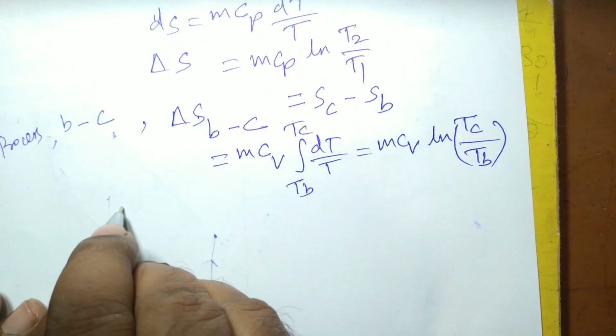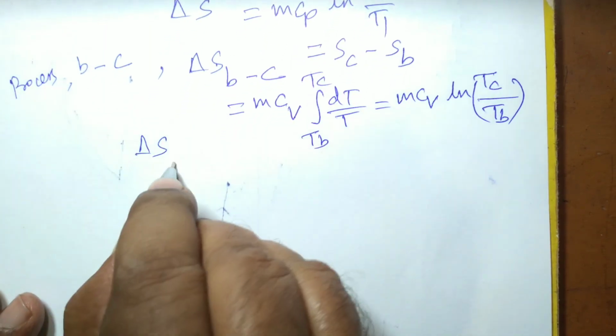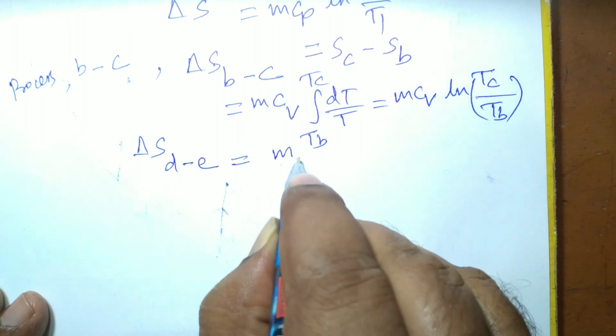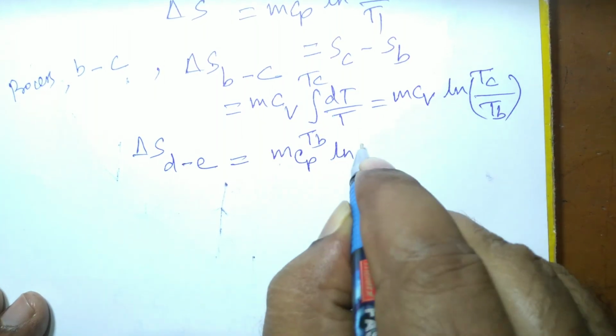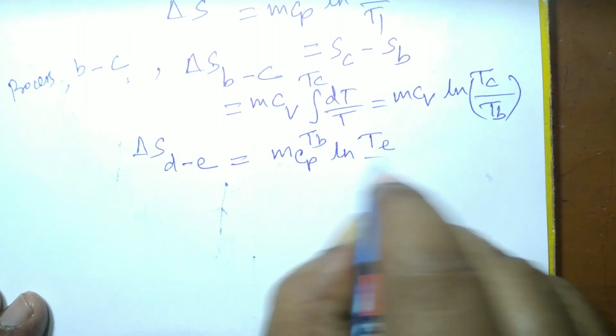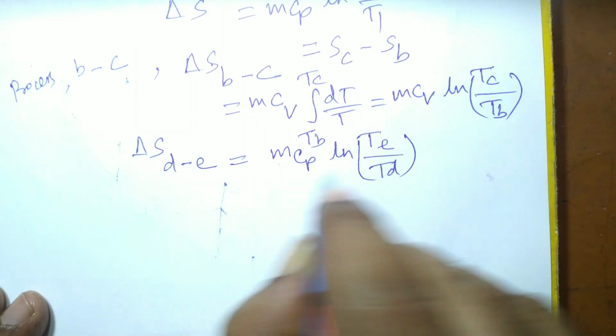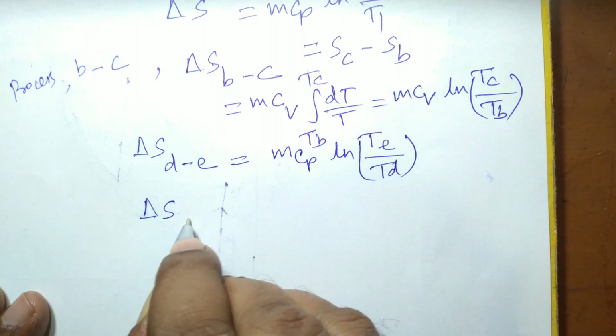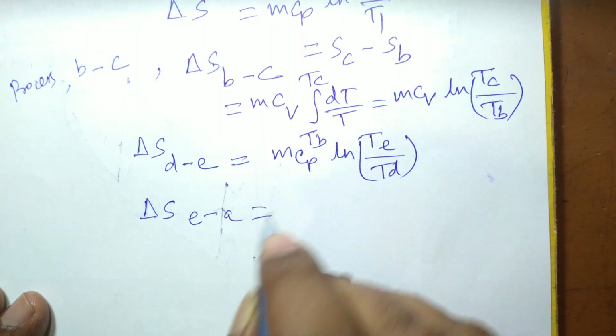Similarly, change in entropy during the process DE will be mCp ln TE upon TD, because it is a constant pressure process. Similarly, delta S of EA, it is a constant volume process again.